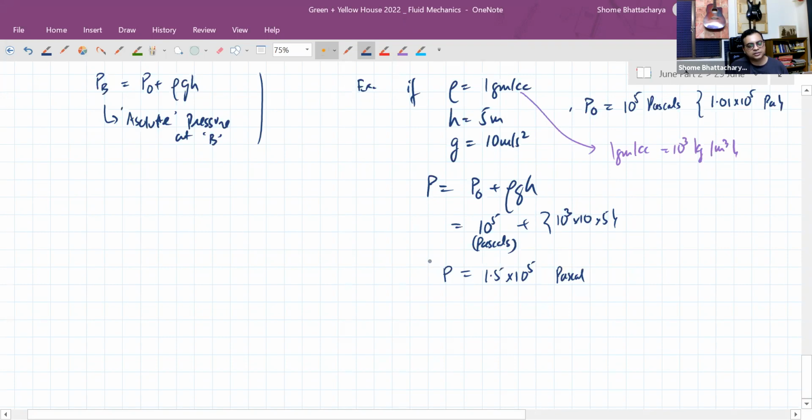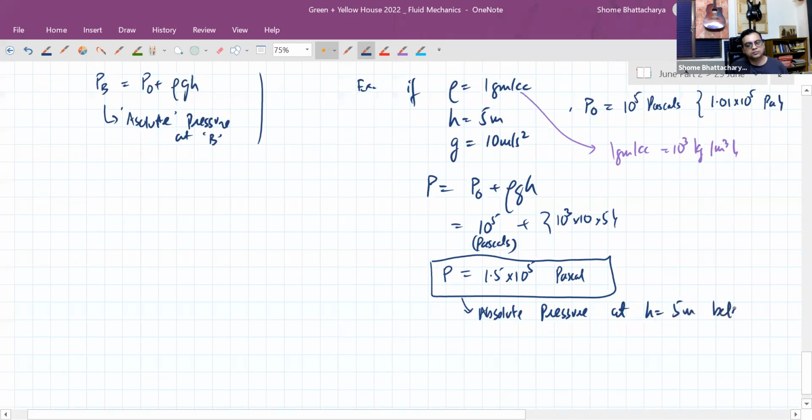So this is the absolute pressure at a depth of this much below the open surface. Now next we'll also talk about hydrostatic pressure.